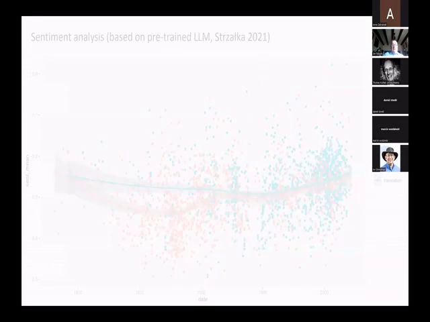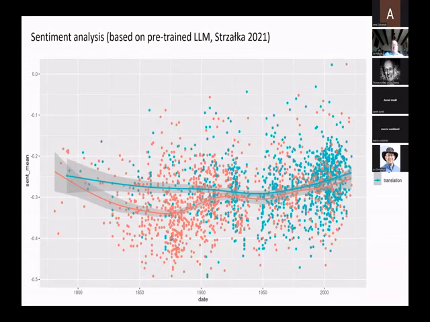And of course, there's something called sentiment analysis, where we can try to see whether Polish literature, that is originals, are happier or sadder than literature translated from other literatures. This is actually already based on a large language model, so the results are pretty solid here.